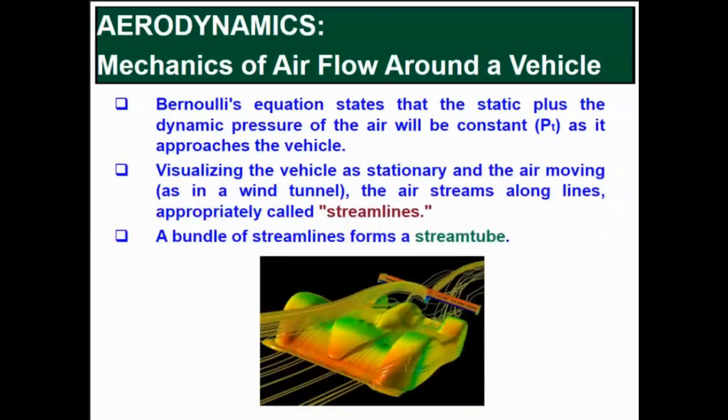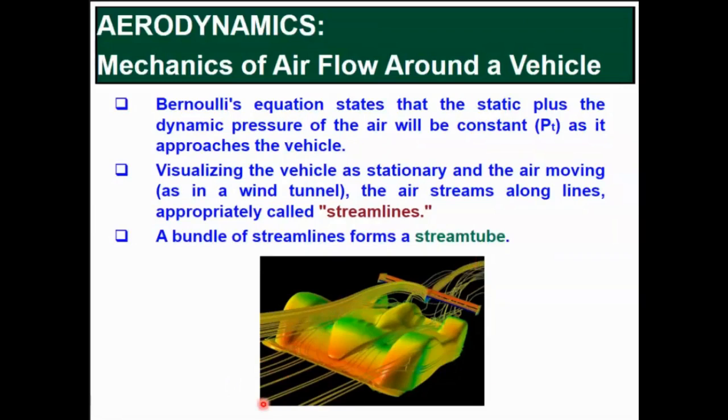Like I mentioned before, the Bernoulli equation states that the static pressure plus the dynamic pressure will approach the vehicle. If you can see this figure, for example in a wind tunnel, when we do the experiment, the vehicle is static. Only the airflow flows through the vehicle.